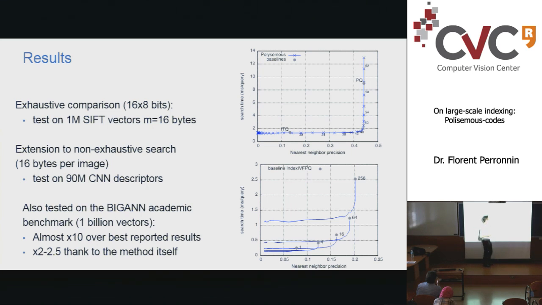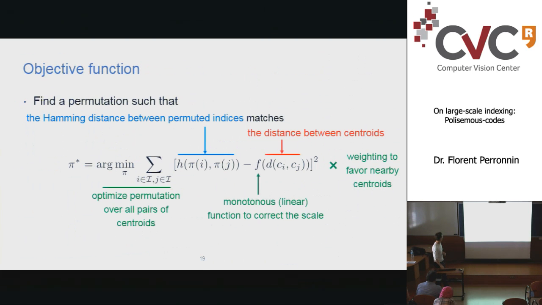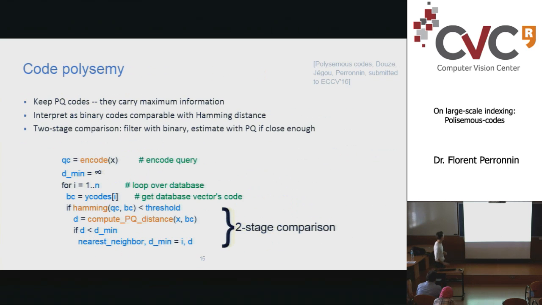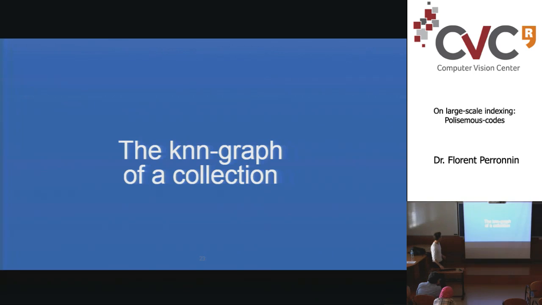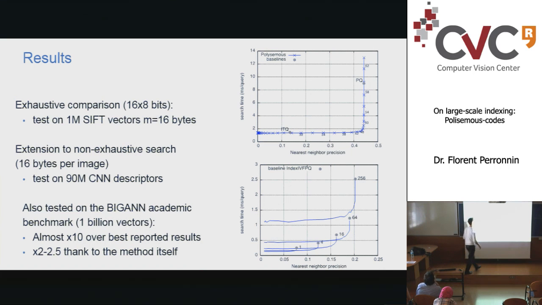And here we show plenty of points, the different crosses. What they represent is different filtering thresholds. Remember, we have this 2-step strategy where we first compute the Hamming distance, and if the Hamming distance is below the threshold, then we compute the costly distance. The different points correspond to different thresholds.